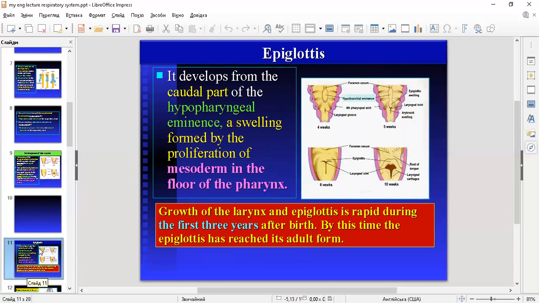Epiglottis. It develops from the caudal parts of the hypopharyngeal eminence, swelling formed by the proliferation of mesoderm in the floor of the pharynx.